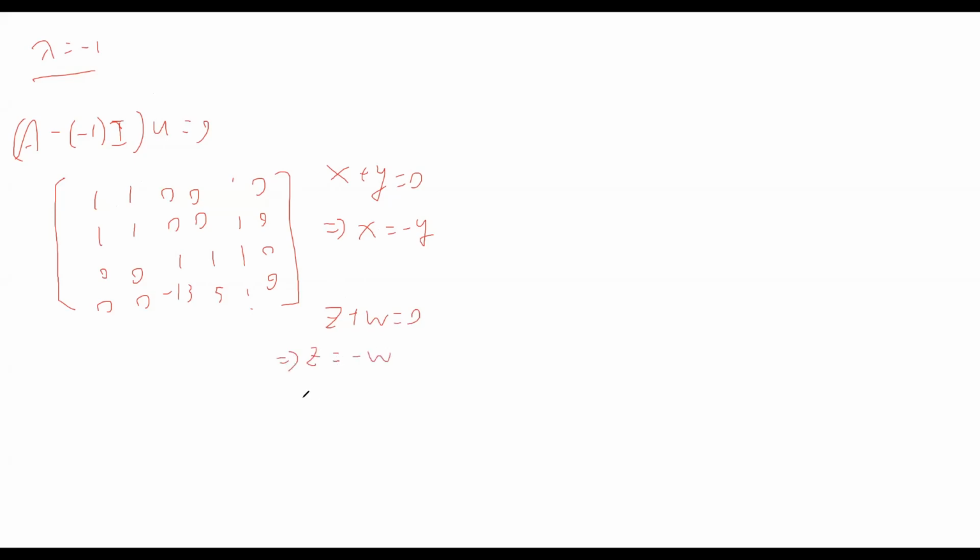Okay, so we have negative 13z plus 5w is equal to 0. And we have z equals negative w, so substitute that in. 13w plus 5w is equal to 0. Right, so that gives me w is 0, which means z is 0 as well.